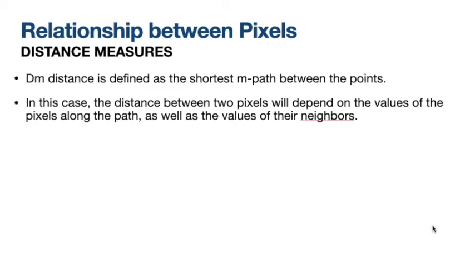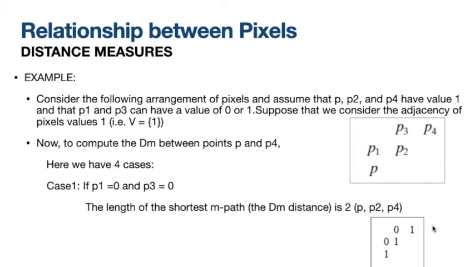Then next is Dm distance. Dm distance is defined as the shortest m-path between the points. In this case, the distance between two pixels will depend on the values of the pixels along the path as well as the values of their neighbors. Here is an example. Consider the following arrangement of pixels.